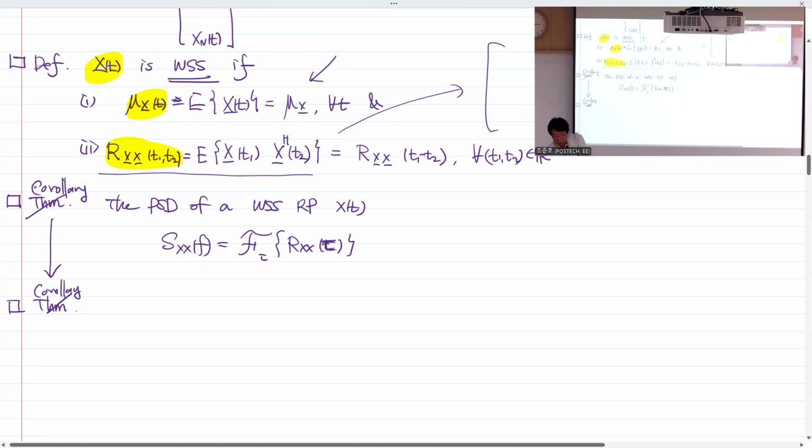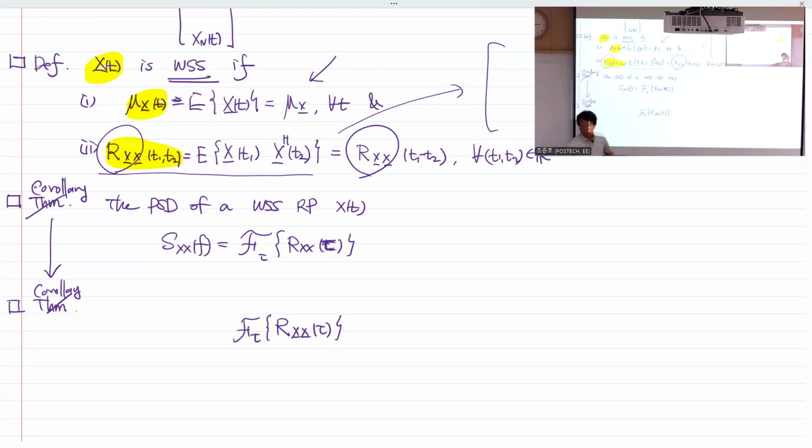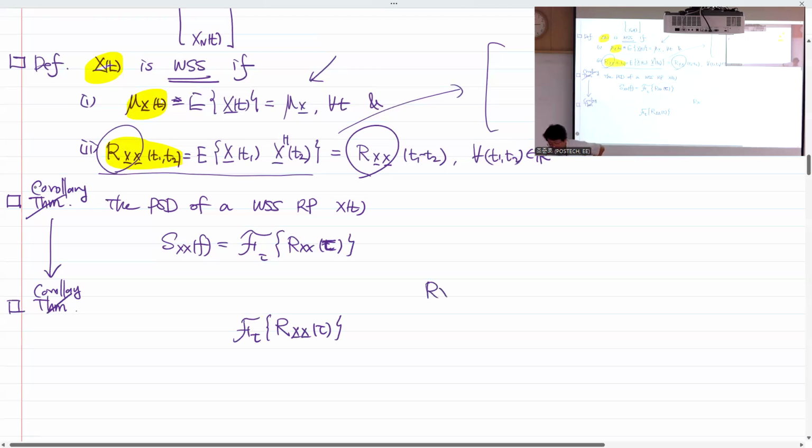Let's consider this one, and consider its Fourier transform. What is it? You have a matrix here, that contains these entries, right?